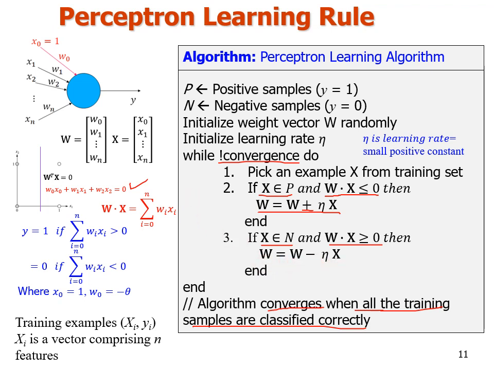Obviously, if the sample belongs to the positive class and the weighted sum is greater than 0, then there is no need to update the weight. And also, if the sample belongs to the negative class and the weighted sum is computed as negative, then there is no mismatch, and here also we need not update the weight vector.